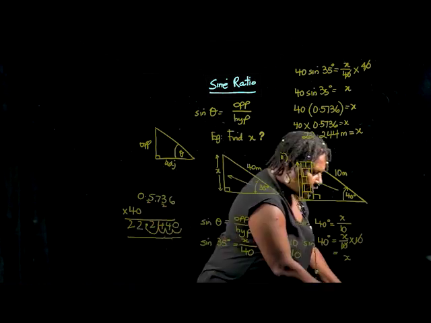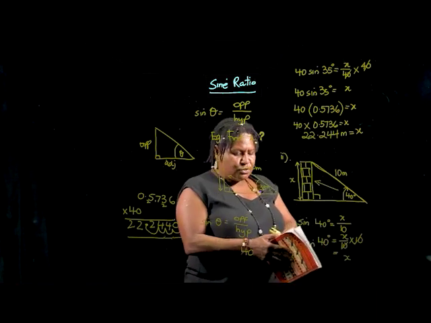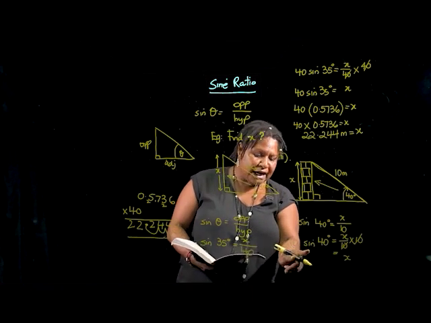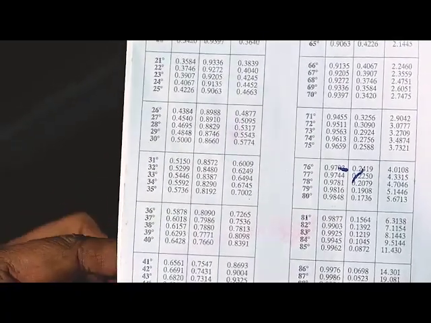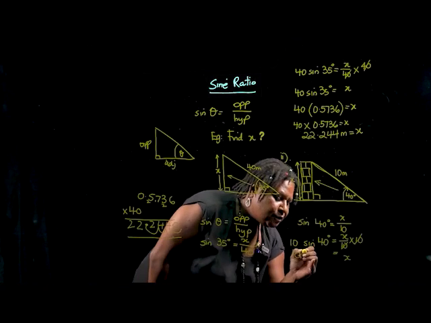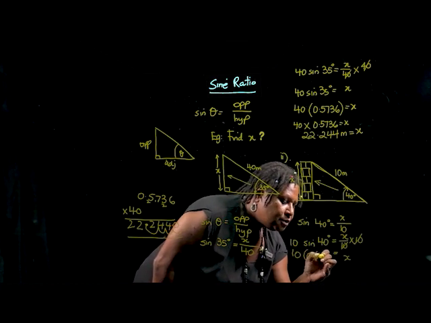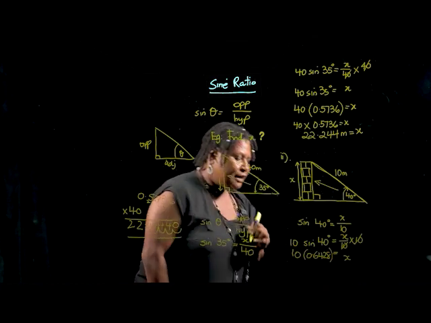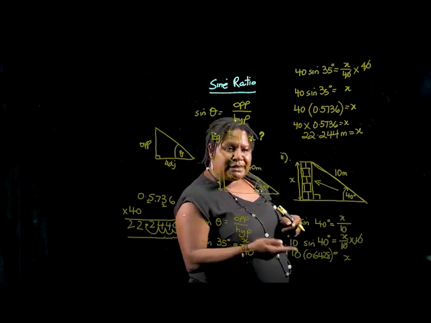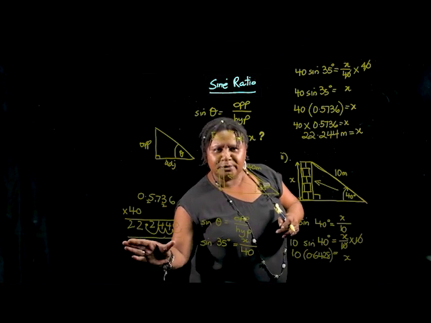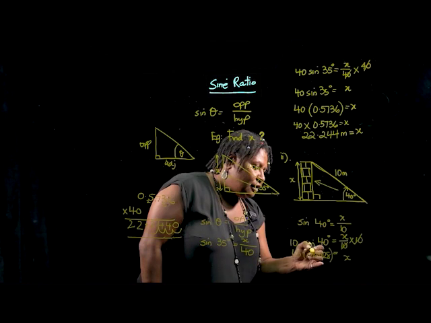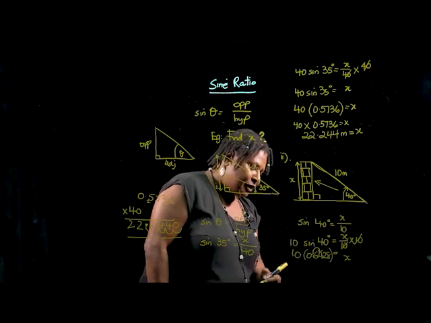Now sine 40, you will again go to your tables, find 40 degrees under the sine column, and write the value here. So sine 40 is 0.6428. Now notice that you are multiplying by 10, so we don't need to do what we did here. I can simply move my decimal point once in that direction.